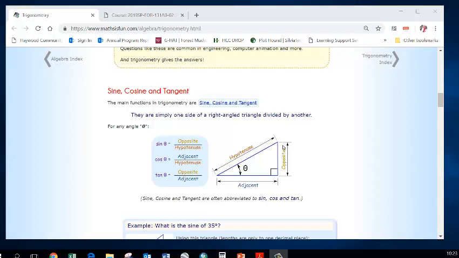So if I know this distance and that distance and I divide this by that, it gives me a decimal number, which is essentially the sine of theta. So whatever this angle is, if I hit the sine button, it gives me the relationship between this side and that side. Pretty cool, huh?